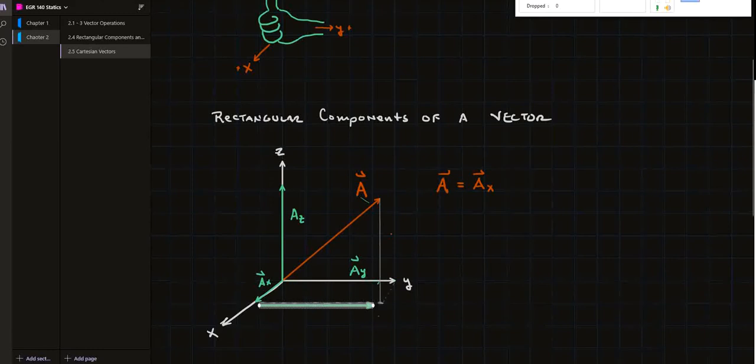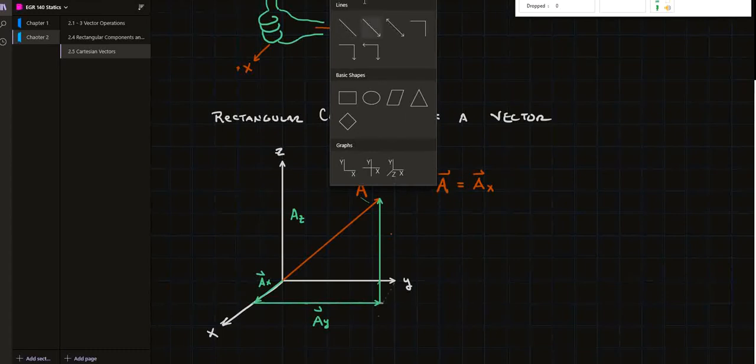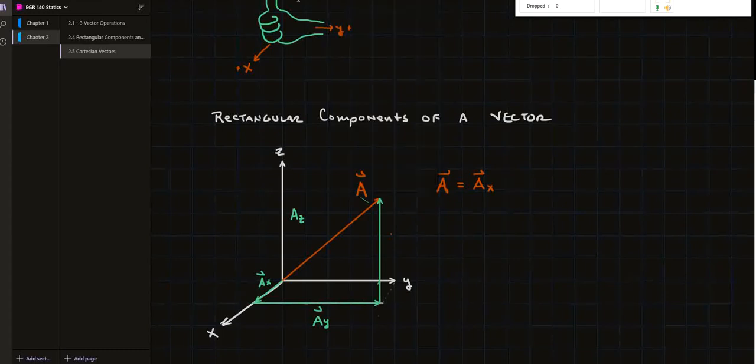First the AX, then the AY, and now the AZ. And that ends up in our resulting vector. So A is the sum of AX, AY, and AZ, as drawn here.